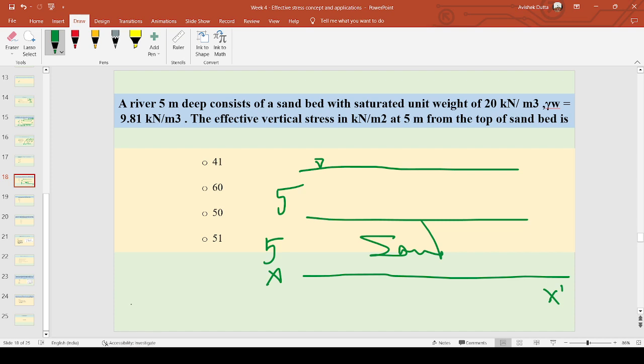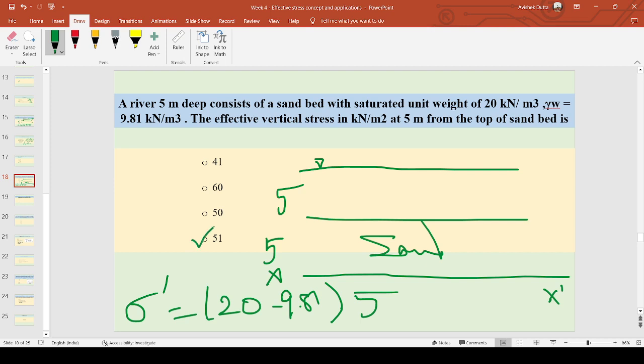So the effective stress at 5 meter below the sand layer will be gamma saturated minus gamma w, 9.81, into z, that is 5. Doing this, we'll get a value of 50.95. Rounding it off, we'll get a value of 51.